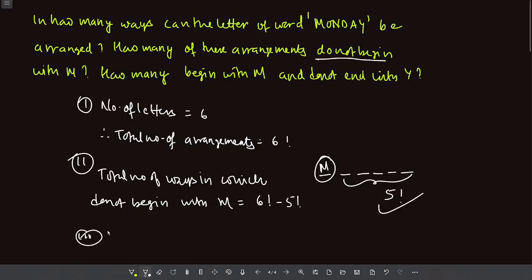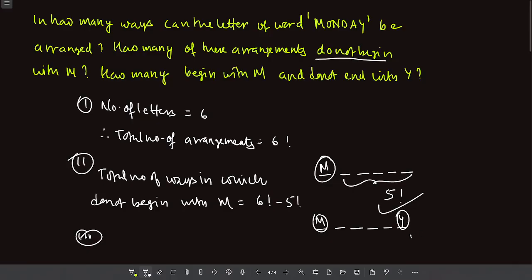Now the third case. How many begin with M and do not end with Y? How many begin with M? 1, 2, 3, 4, 5, 6. For this, we need to find how many begin with M and end with Y also. M is fixed, Y is fixed.